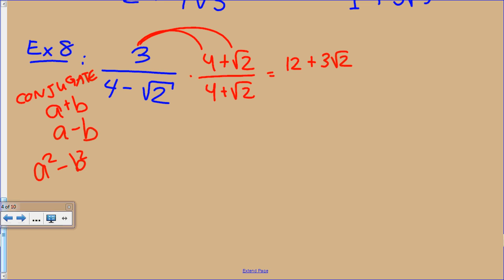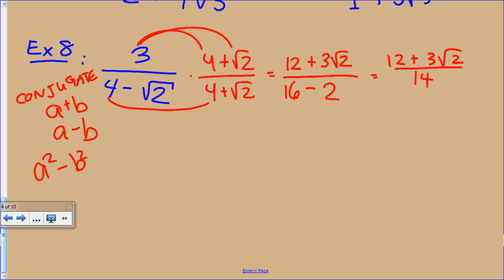So all we need to do is square the first and square the last. Okay, so what is 4 squared? And what is root 2 times root 2? It's just 2. Now if you forget that, just go ahead and double distribute all the way through. You'll get the same thing. So there's our answer.